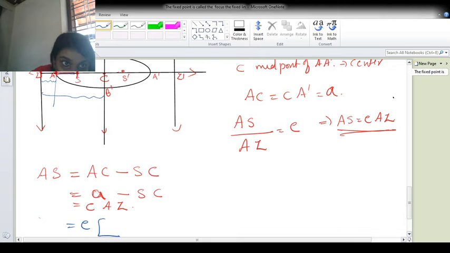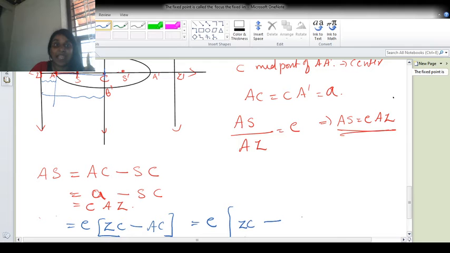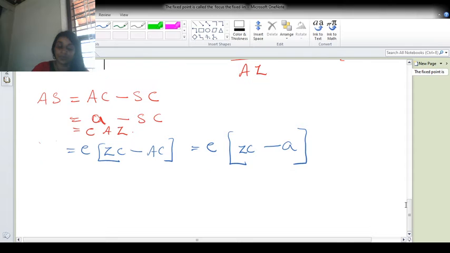That means ZC minus AC. So that is equal to e. What is AC? AC is a. So e into ZC minus a, that is equal to AS.